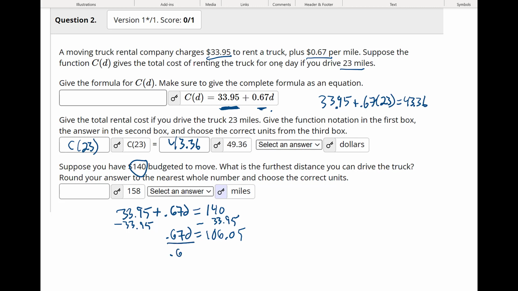Then we divide by 0.67. What is D? I get 158.28 miles, so that's where they said 158. That's it.